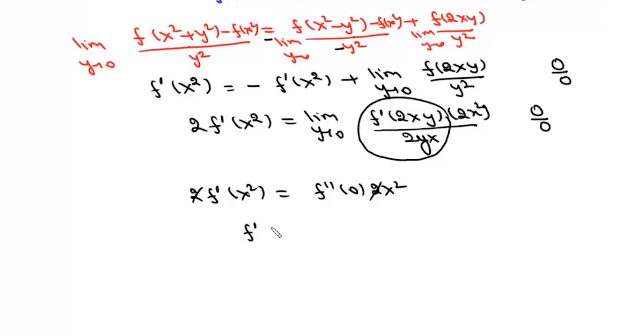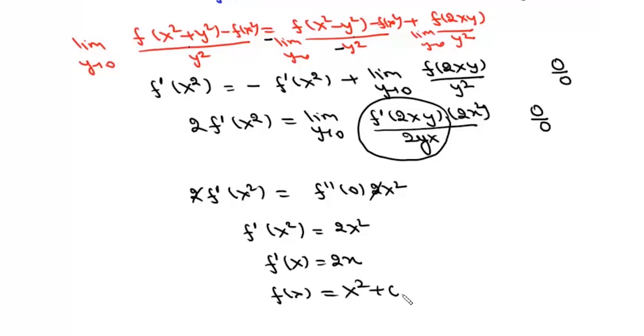So we can write f dash x square is equal to 2x square, or simply f dash x equals 2x. Now if we integrate this, we get f(x) as x square plus c. Now we know that when x is 0, f is 0, that means c is 0. So our function f(x) in this case is simply x square. And that is the answer to this question.